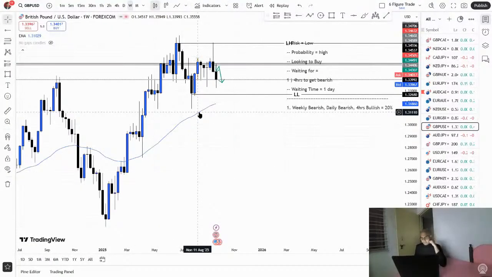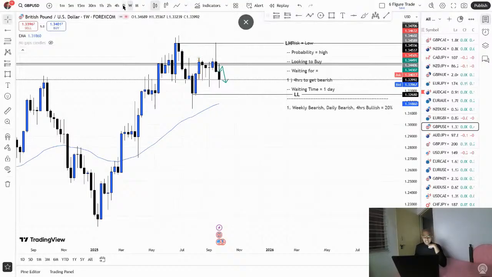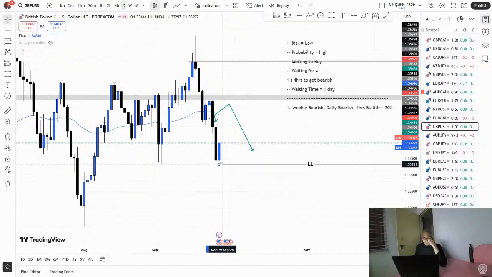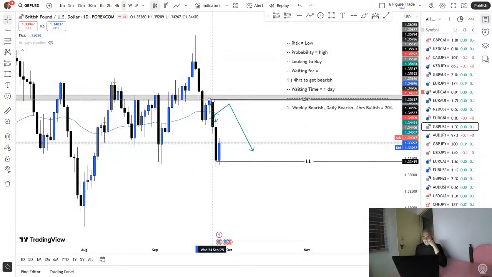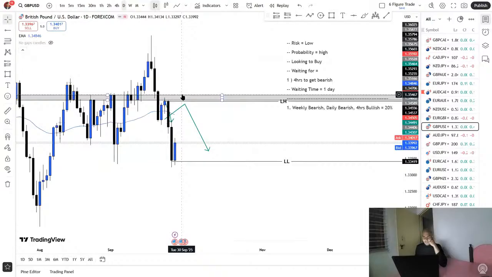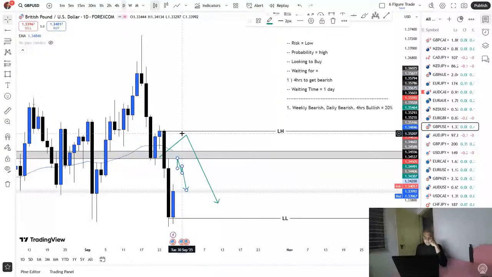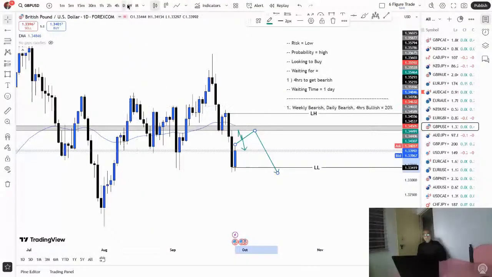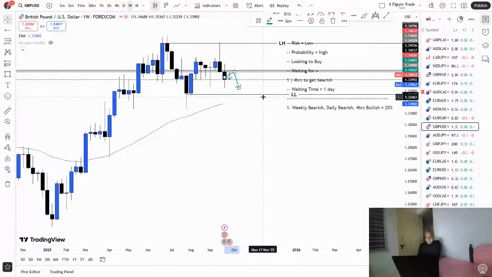GBP, brother. I have predicted and I have missed this trade. What else we can do? Lower high. Now we are waiting for the same exact thing here. That is what we need. Exact thing we want here. We are a professional trader, so we are going to focus on the repetitive things.